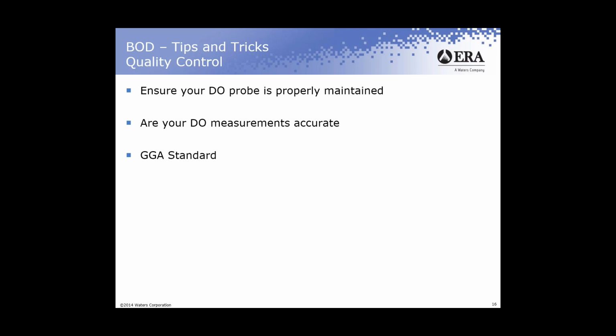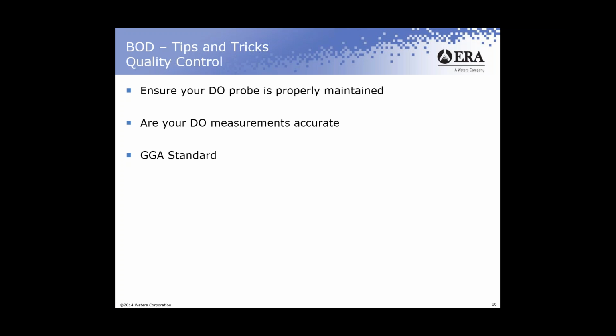So if you're using that membrane electrode method, make sure that you run your water blanks at the beginning, periodically through your run, and at the end of the run. And try to assure that your readings don't drift by more than about 0.15 milligrams per liter. Anything more than that is showing drift in the analysis, and it's going to result in erroneous calculations.